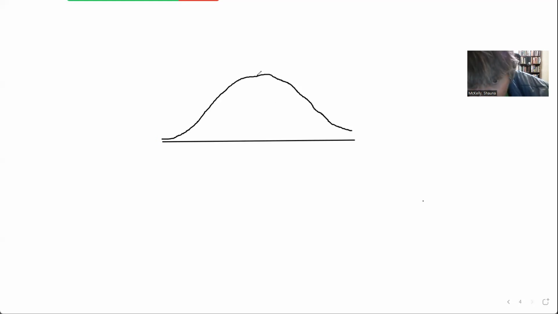Something like this. This is 0.25, right in the middle of it. Let's say that 0.33 is somewhere way over here.